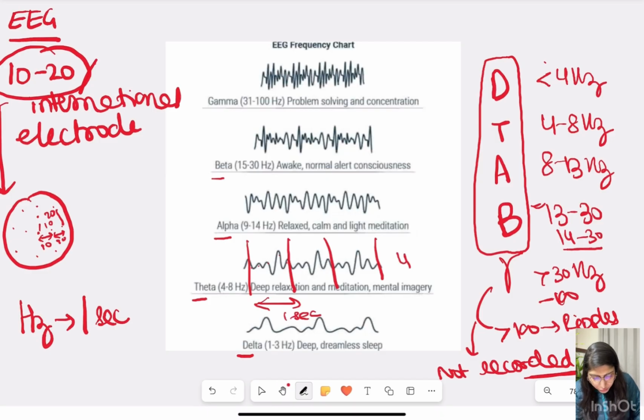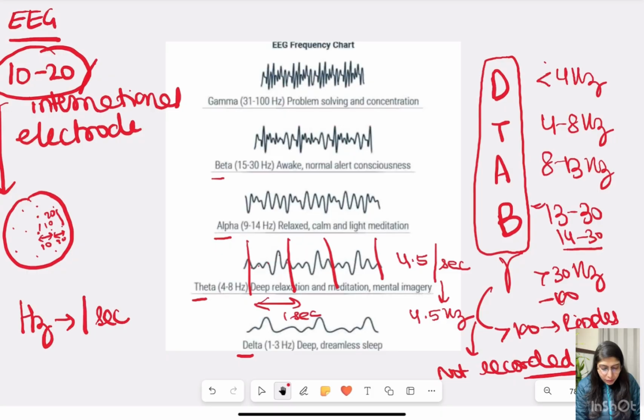This graph is showing 4.5 waveforms per second, which means the frequency is 4.5 Hertz. This is what we mean when we say this is the frequency, this is Hertz: that many waveforms are there per second.